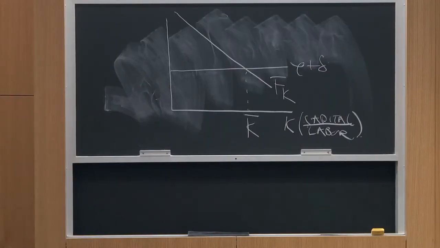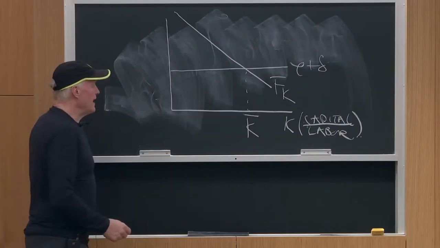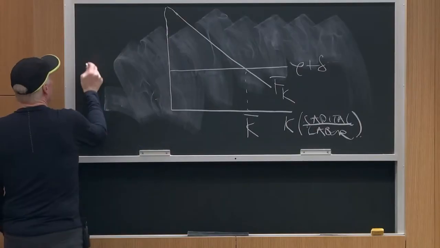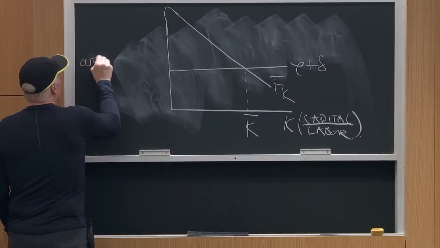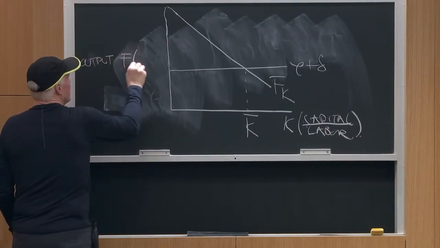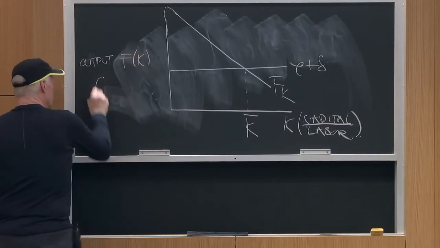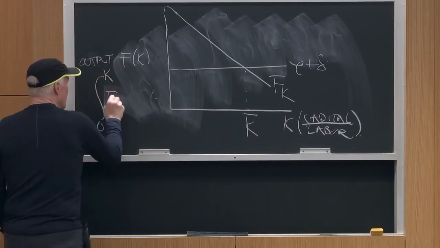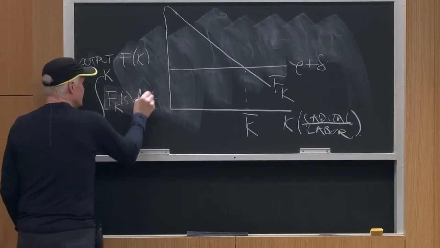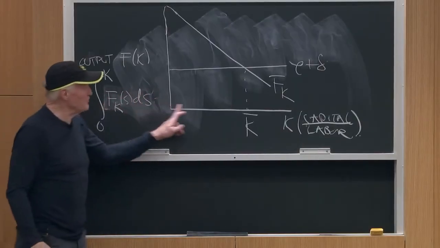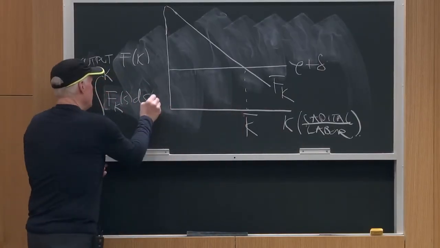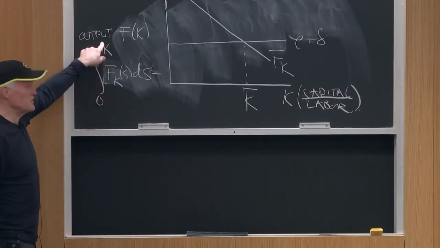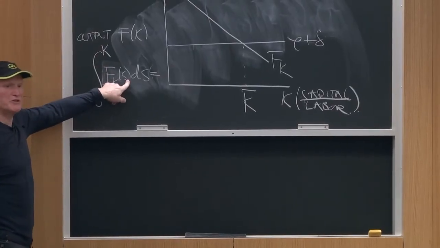All right. Now, remember, output is just f of k. But the integral from 0 to k of fk of s ds, that is, the integral under this marginal product schedule, is equal to what? How many people remember math? What's the integral from 0 to k of the derivative of a function?